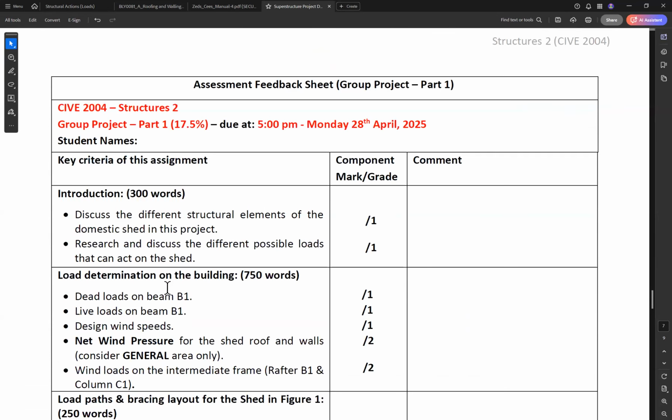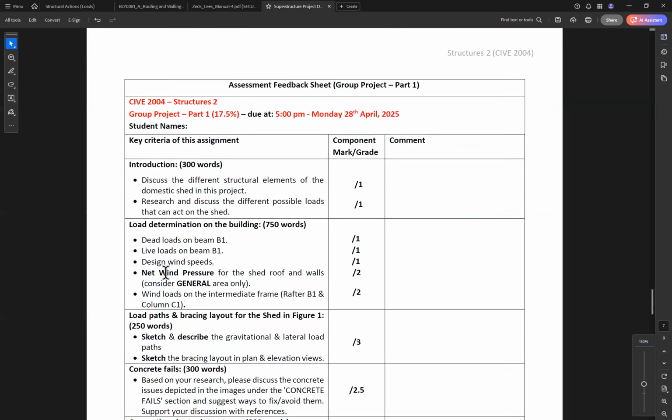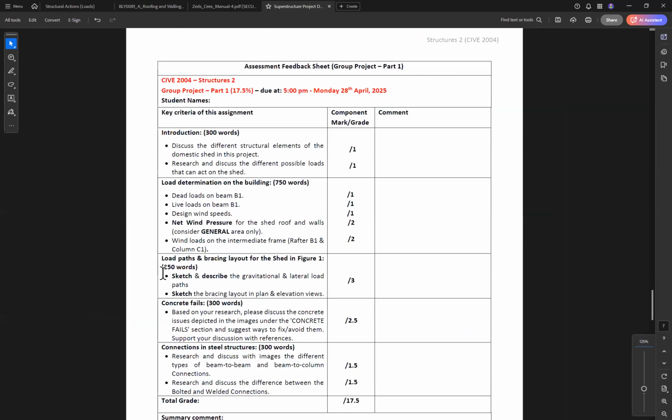And here are the marking guides, or the detailed requirements of each part. The first part is 17.5 marks. These are the requirements. The first part will be only about discussion of dead load and the loads generally on the shed, and only dead load B1, live load B1, and wind pressure on B1 and C1.